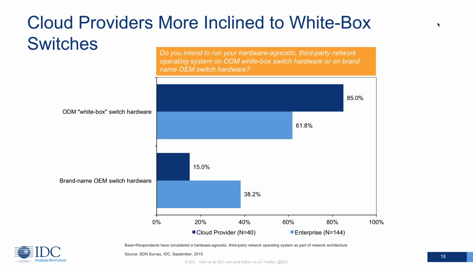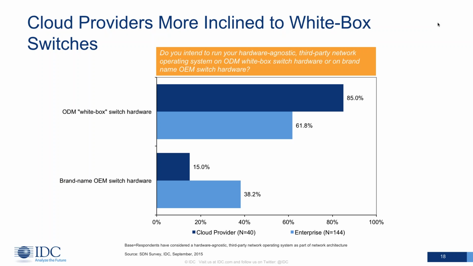Maybe the cloud provider is not so surprising, 85% looking at white box or ODM hardware. But the surprising percentage, at least for me, is the enterprise at 61.8, relative to only 38.2 for OEM switching.